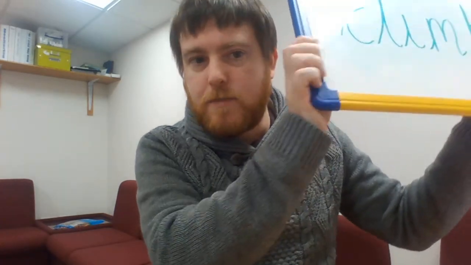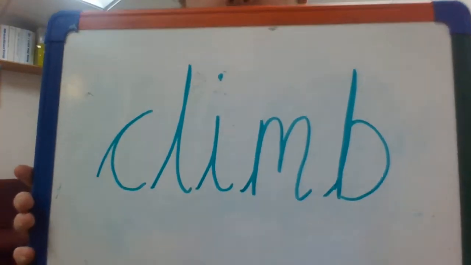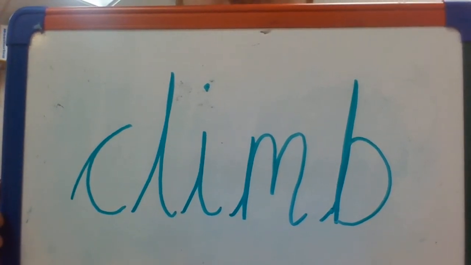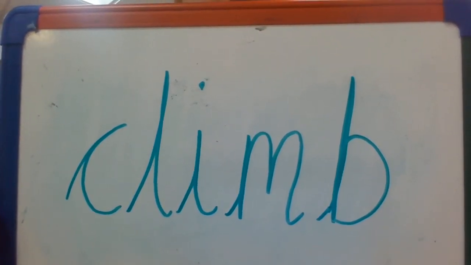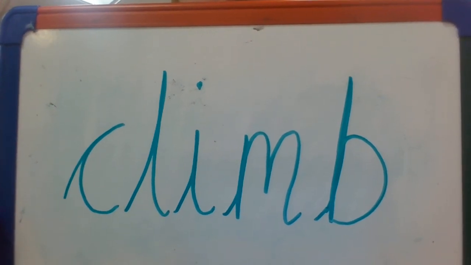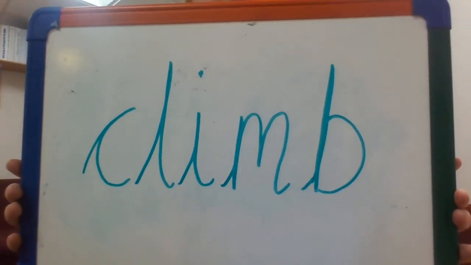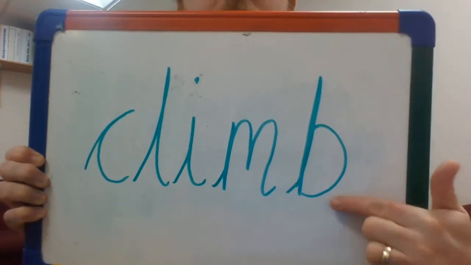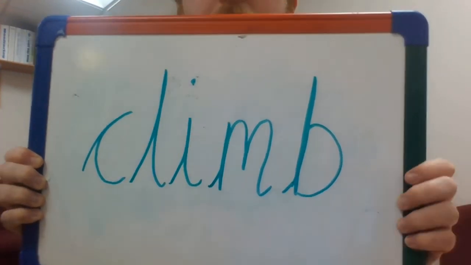Your next word. It's pretty familiar with some of the sounds that are in here. Let's see if you can work it out though. Can you say that word? That word is climb. Now you'll notice at the end there's a B there.